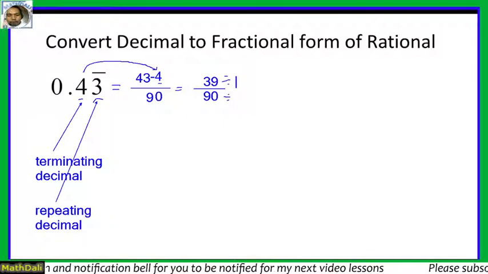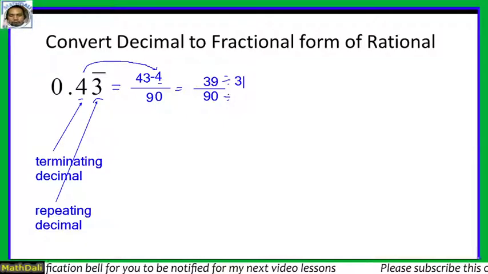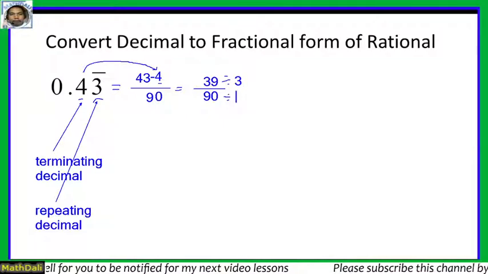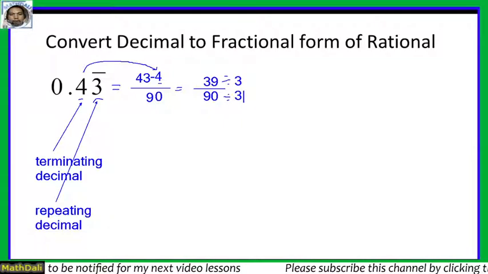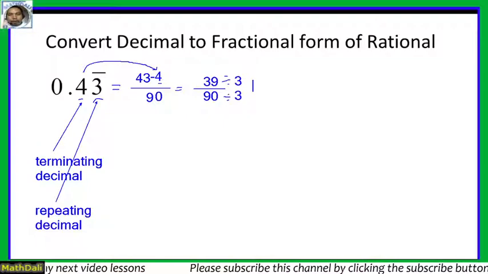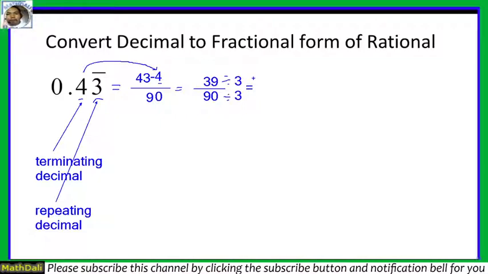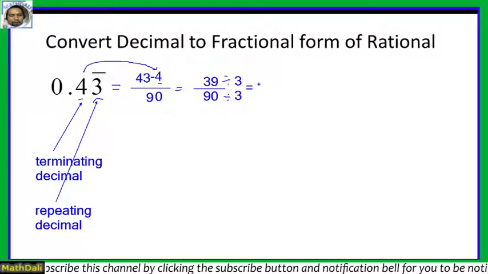Ayan, 39, divide natin sa 3. Ganon din yung 90. 90, divide din nyo yan sa 3. So, 39 divide natin sa 3, that will be equal to 13.